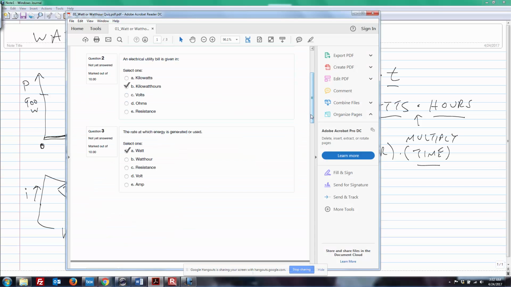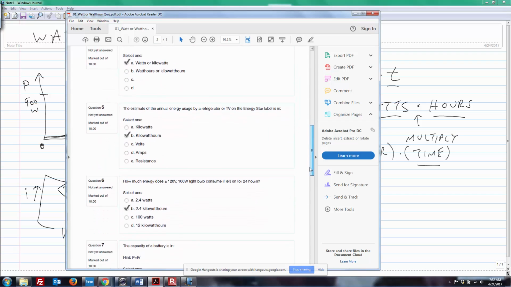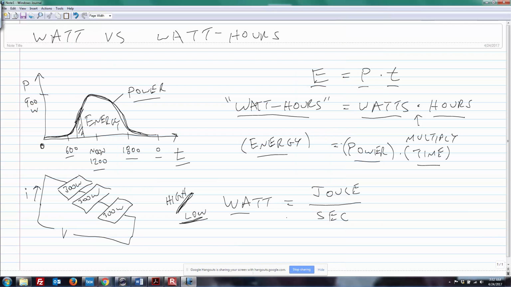Okay, next one. We'll just skip that one. Okay, this is a good one. How much energy does a 120 volt, 100 watt light bulb consume if left on for 24 hours? So again, energy equals power times time.